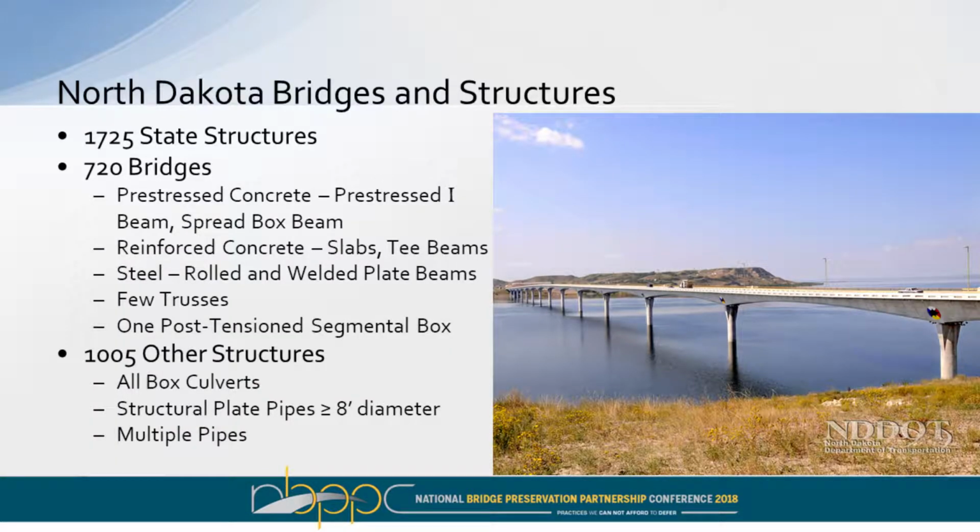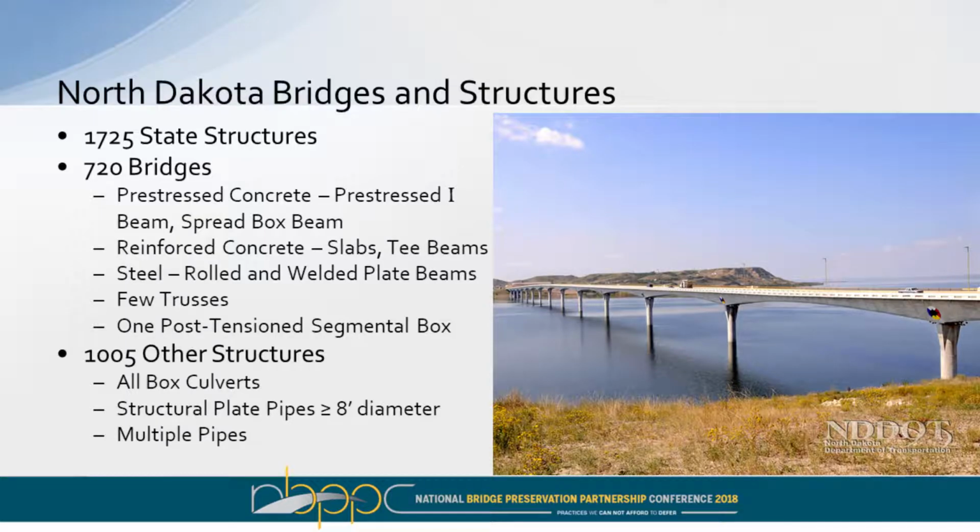So we'll talk just a little bit about North Dakota. In North Dakota, we have a total of 1,725 structures that we maintain on our state system. That includes about 720 bridges. Most of the bridges are pretty basic designs: pre-stressed concrete, reinforced concrete, steel, and we have a few trusses remaining, not many.